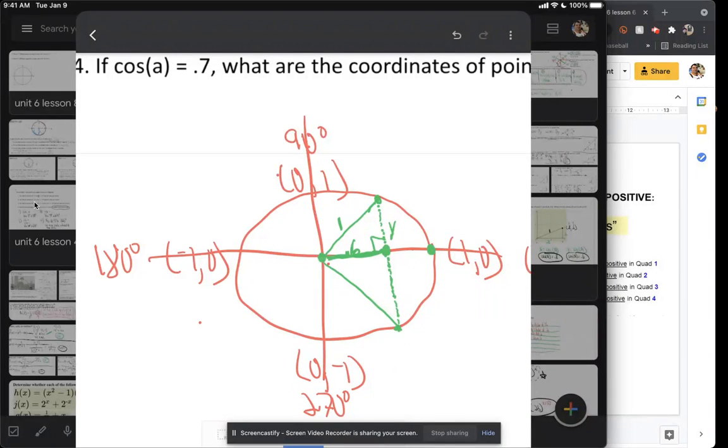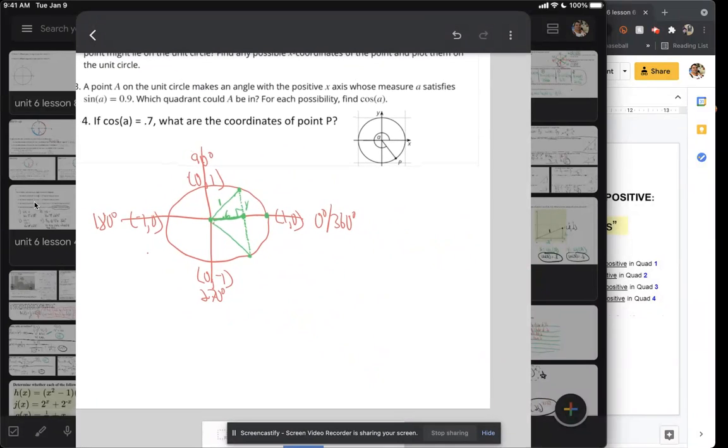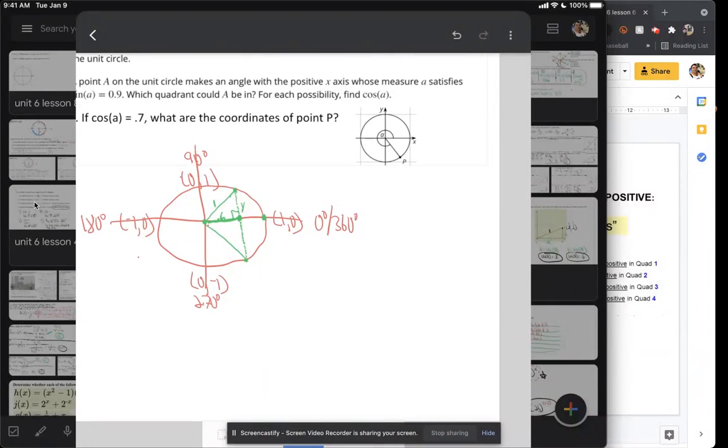And because it's a unit circle, I know that the radius is 1. So if I use the Pythagorean theorem, a squared plus b squared equals c squared, I know that the hypotenuse, 1, has to be c, and this has to be either a or b.